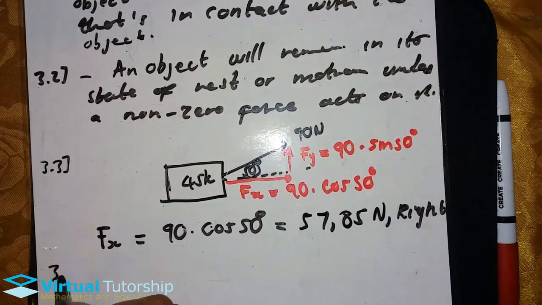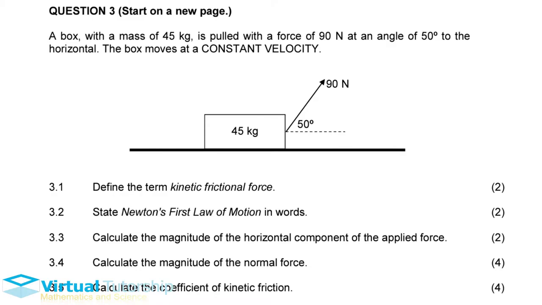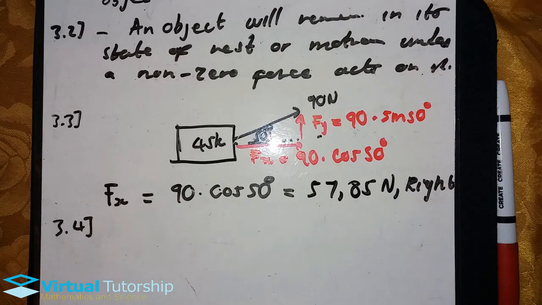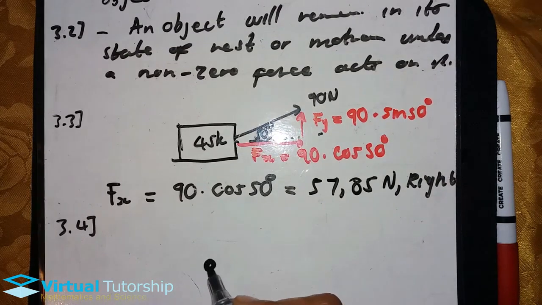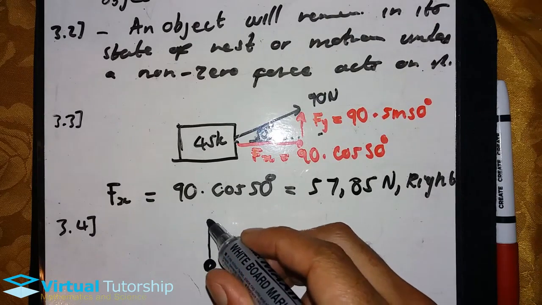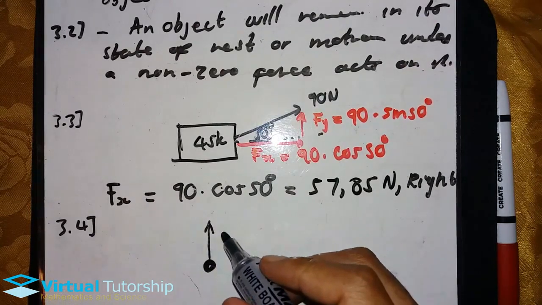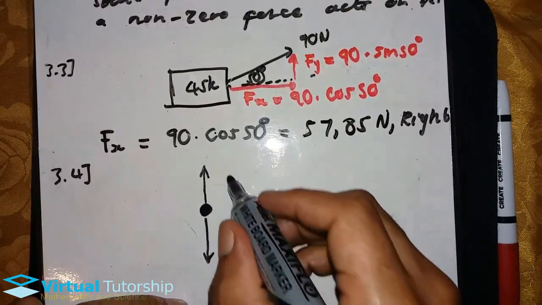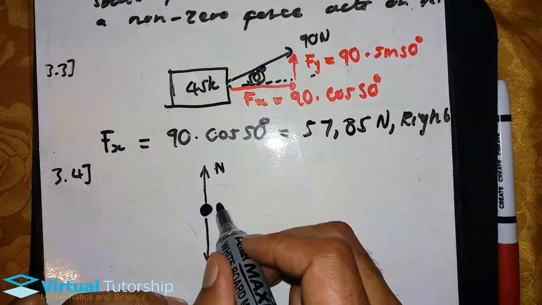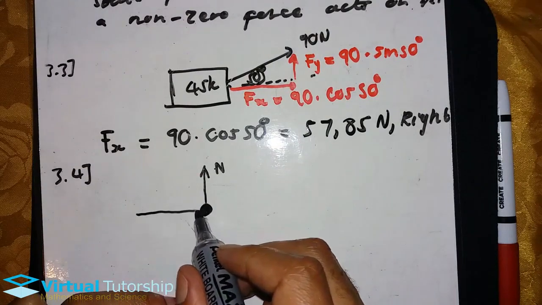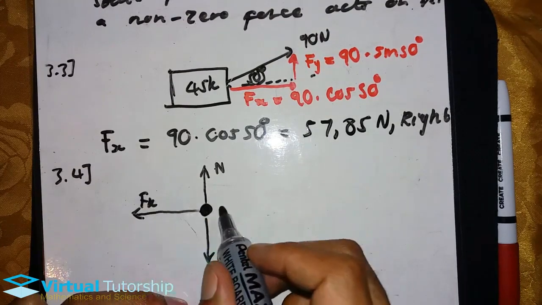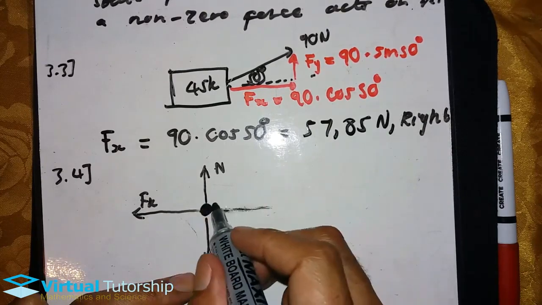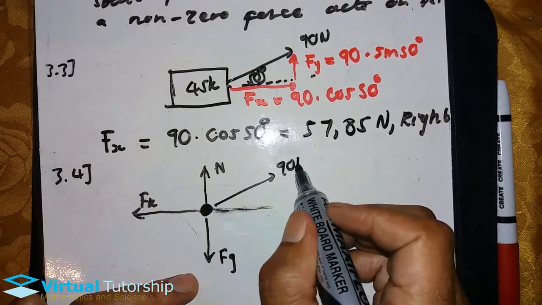Now 3.4 says calculate the magnitude of the normal force. Let's draw a free body diagram just to understand what is going on. We have Fg, and then the normal force, and then Fk, and then the applied force of 90 newtons.